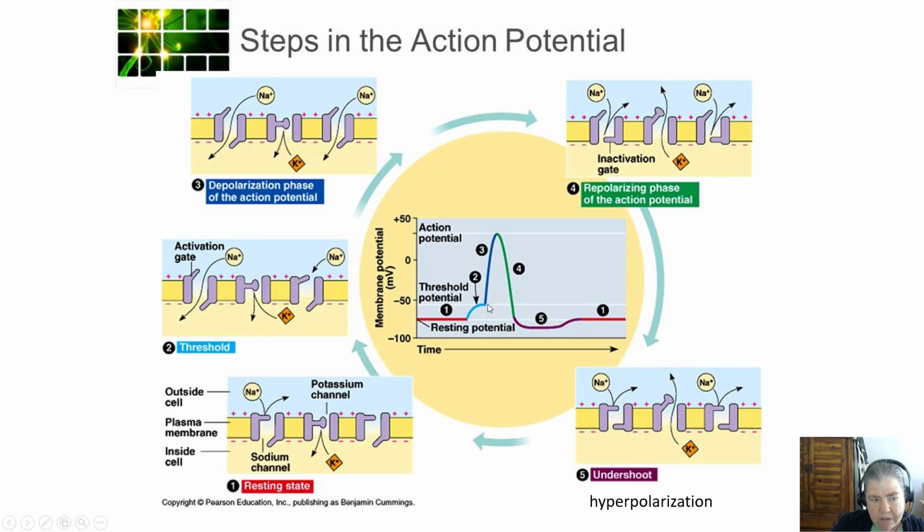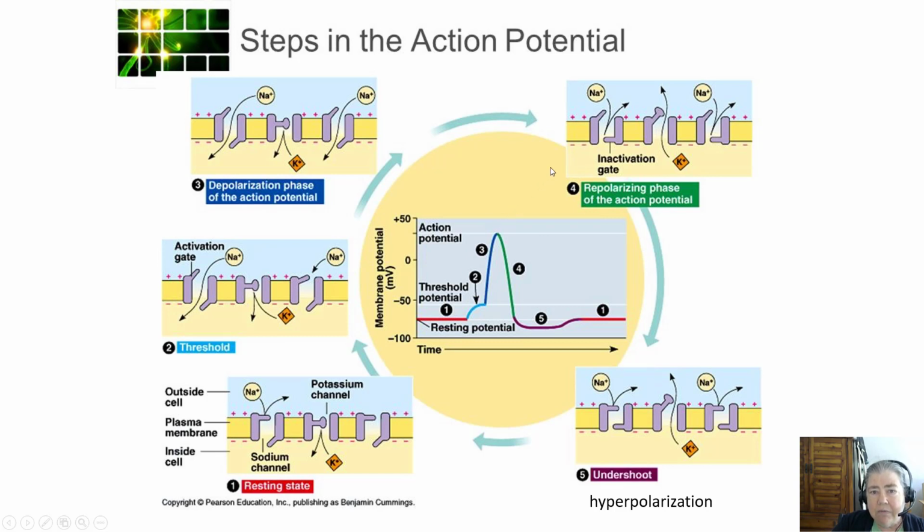Once you reach threshold, because the membrane potential has gotten a little closer to 0, then all the sodium channels open. Sodium rushes into the cell. The membrane potential returns to 0 and past 0, and that's the depolarization phase of the action potential.